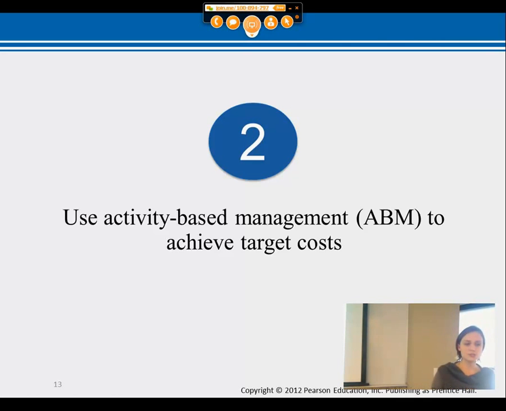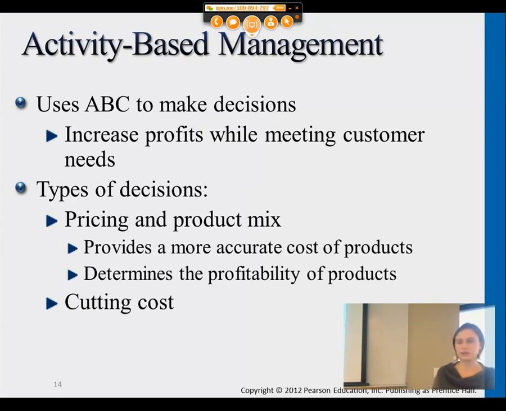Our second learning objective is how to use activity-based management, so that we achieve those target costs. Okay, so we just figured out that ABC is precise because we can go by activity and be very precise at assigning costs.